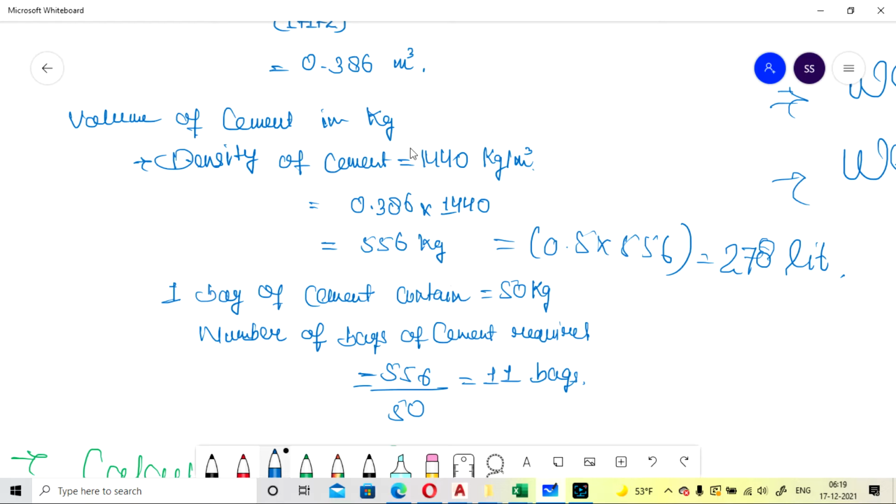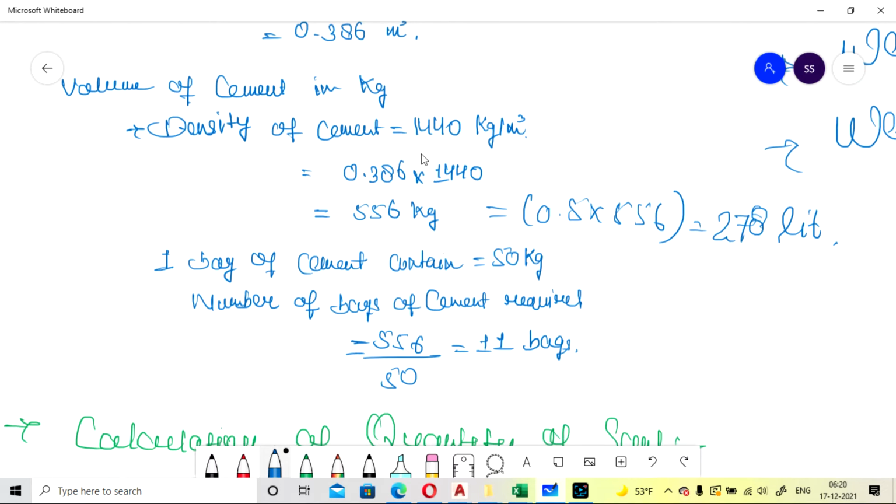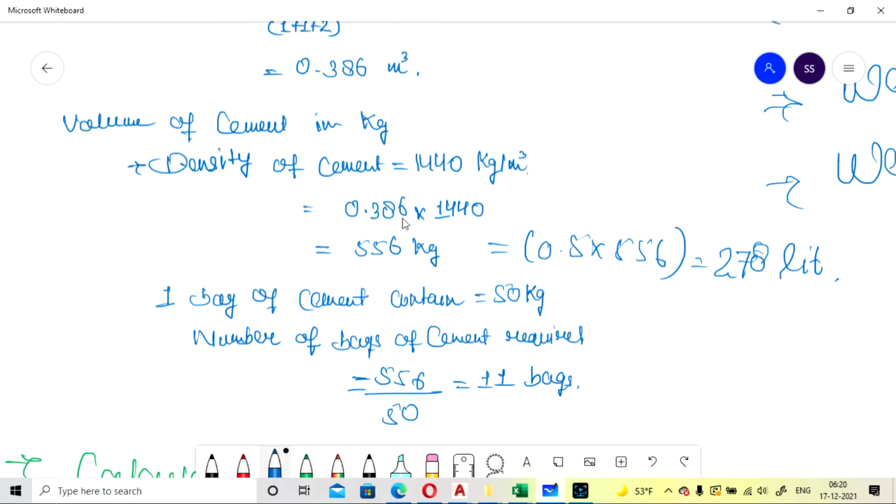For higher strength cement the density will change, and it is mentioned only by the distributor. So you have to confirm with the distributor if you are going to buy cement of higher grades or higher strength. If not, in general it is available at 1440 kg per meter cube density. So we have to multiply our cement volume by this, and it will come as 556 kg.